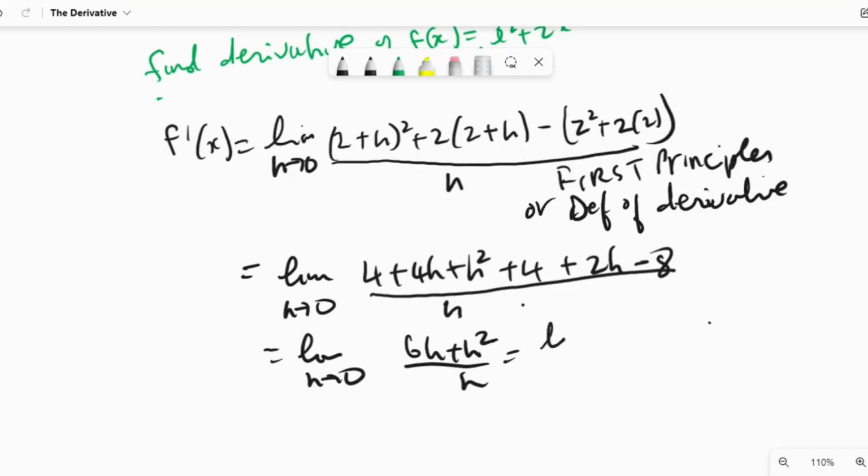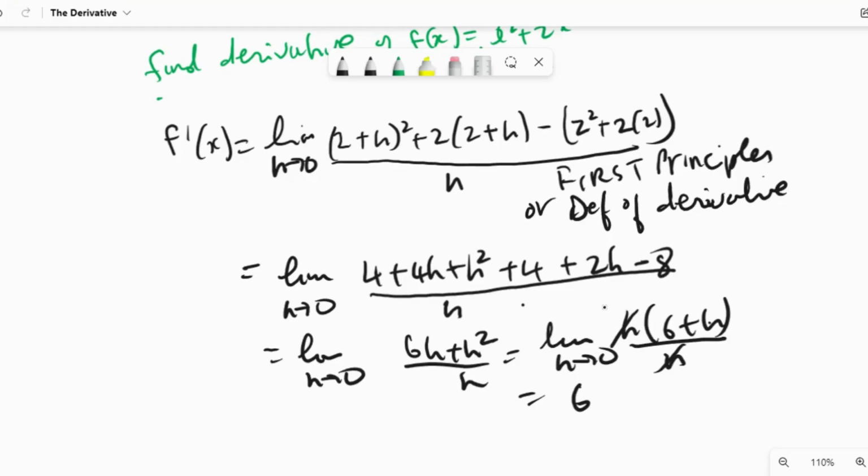I take the h out, over h, I cross out the h, and I substitute 0, which is equal to 6. This means the derivative of this function at x equal to 2 is equal to 6, which means it's the slope of the tangent.